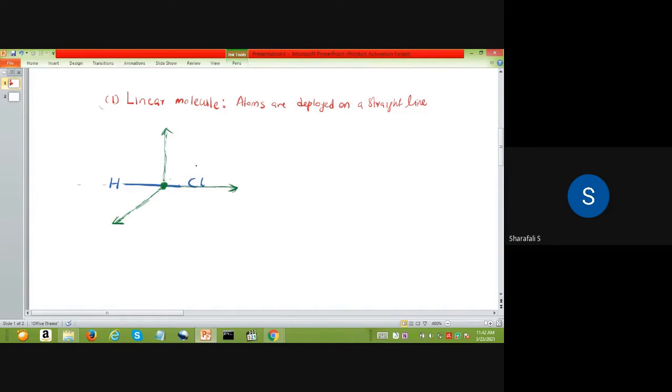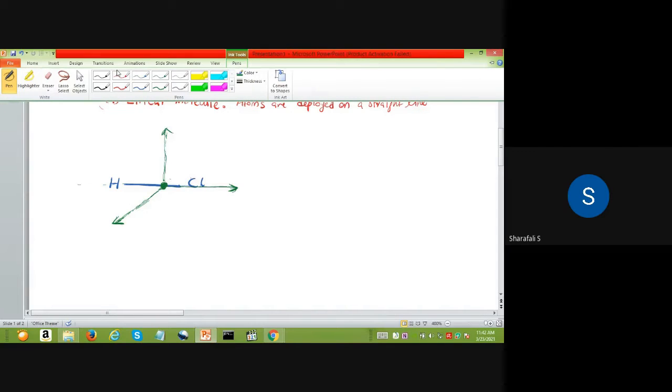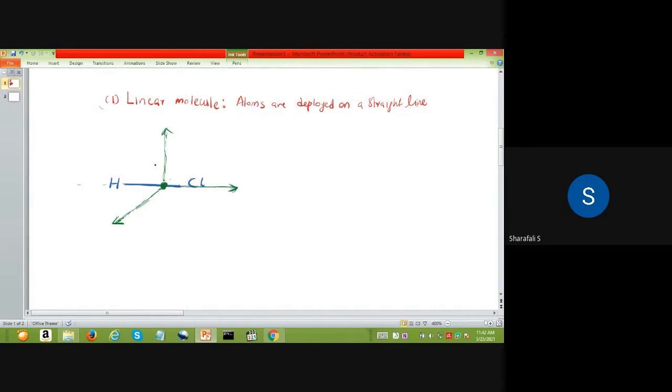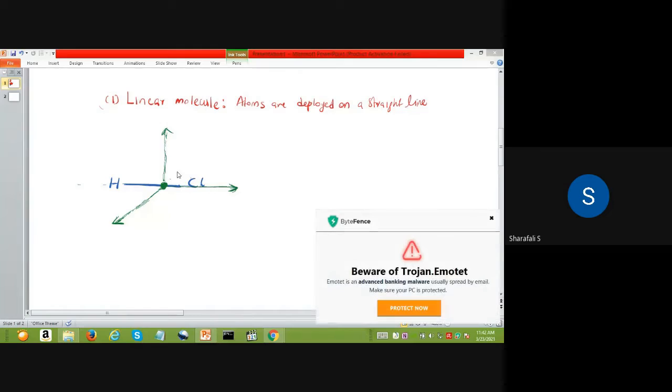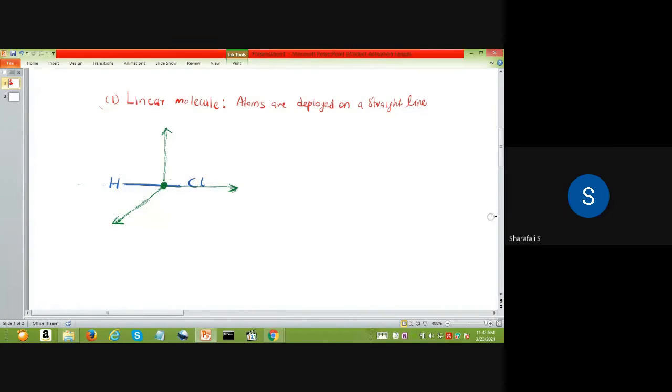If you consider the rotation of this molecule, you can easily see that the molecule will have a larger moment of inertia about this axis and this axis, because the molecule can rotate like this about that perpendicular axis. So I'll just write it like this.